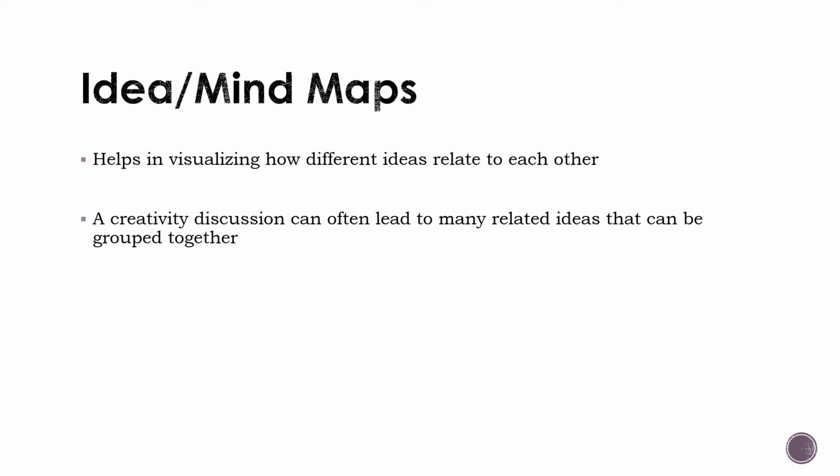So that is how an idea map or a mind map is typically used. Now let's look into an example of a mind map or an idea map, and that is going to help you explore this tool and technique in a better fashion.